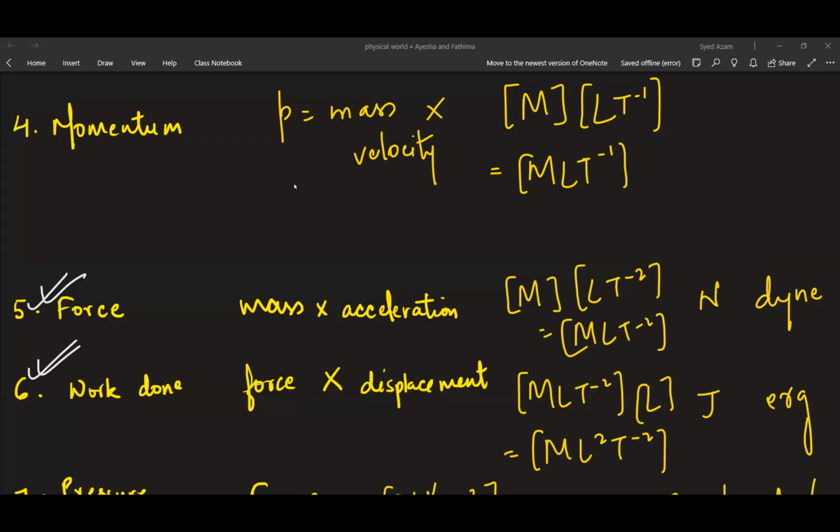Now, what's the SI unit of momentum? It is kg meter per second. And this will be gram centimeter per second.